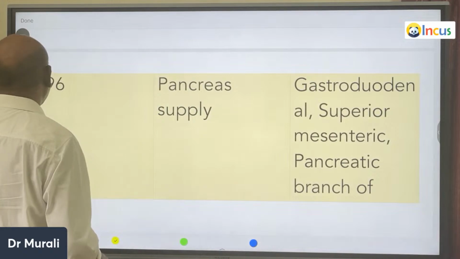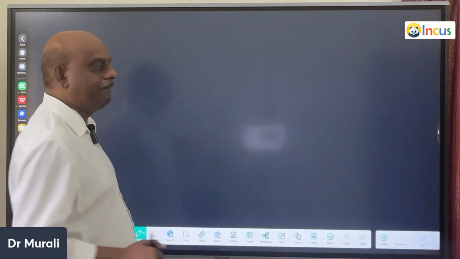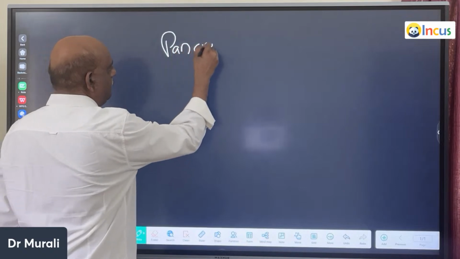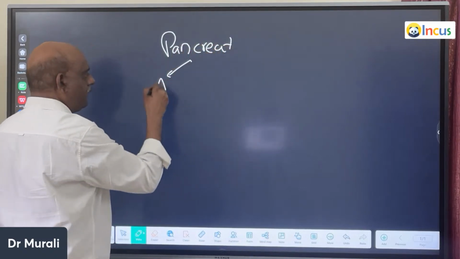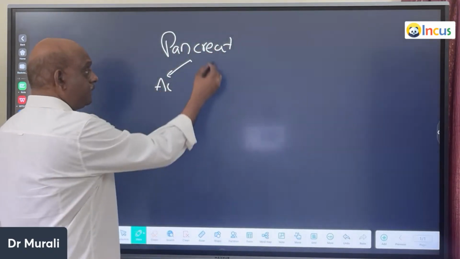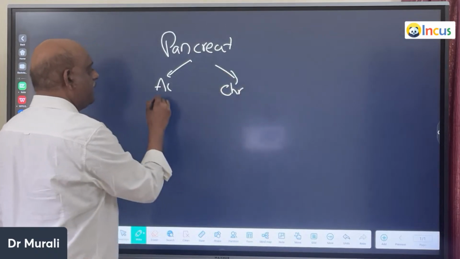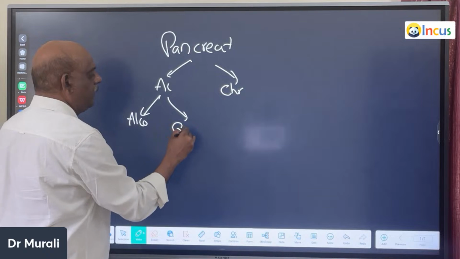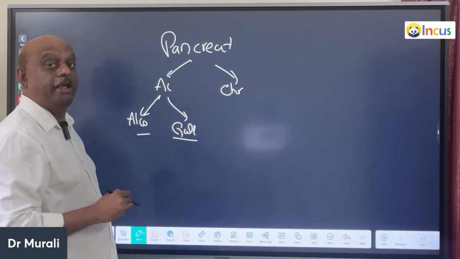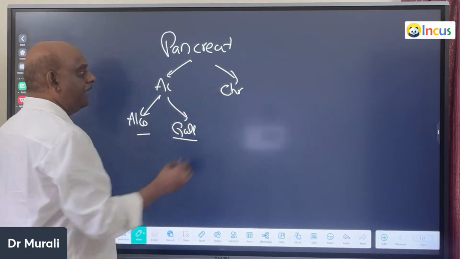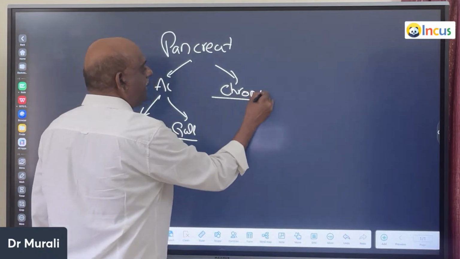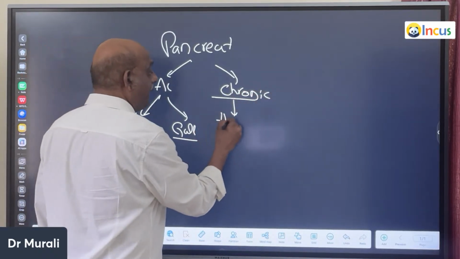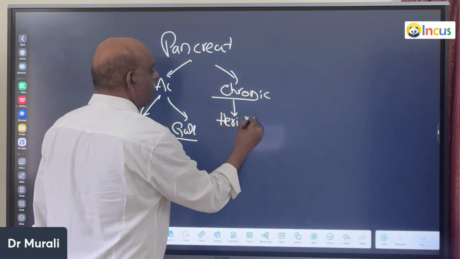So pancreatitis is of two kinds. Remember, pancreatitis is divided into two kinds. One is called acute pancreatitis, the other is called chronic pancreatitis. So alcohol and gallstones are the two important causes in acute pancreatitis. And chronic pancreatitis can be hereditary, right?